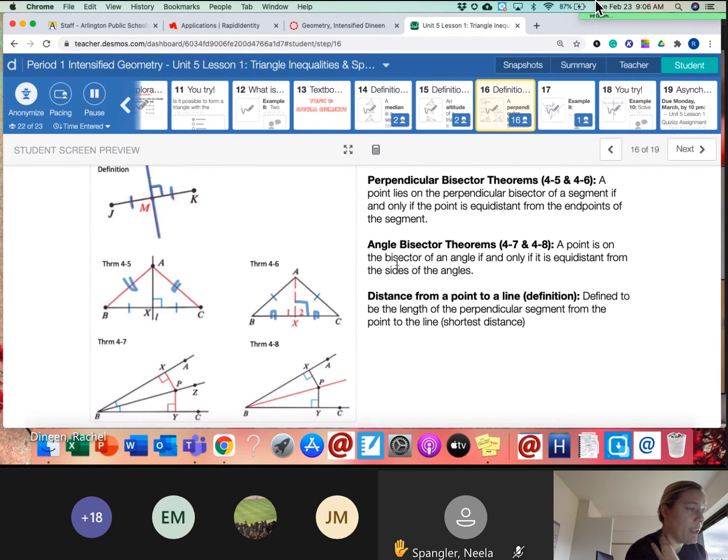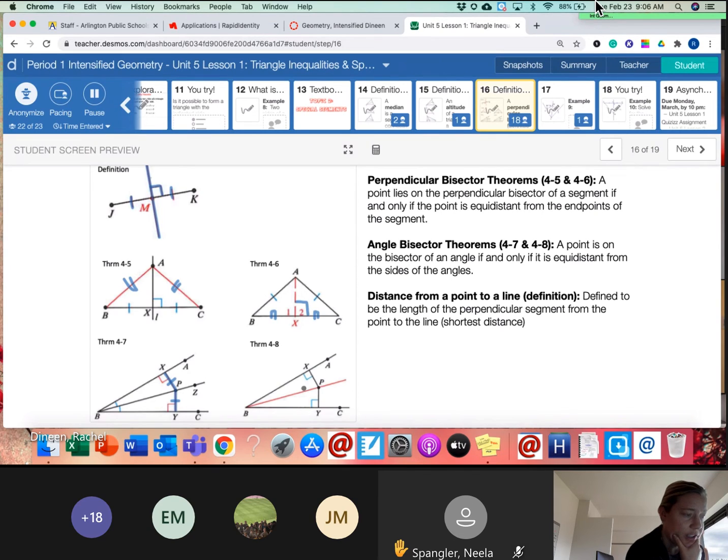Next is the angle bisector theorem. A point is on the bisector of an angle if and only if it is equidistant from the sides of the angle. All that's saying is if you see two segments that are perpendicular to the sides of the angle, then they are going to be congruent.